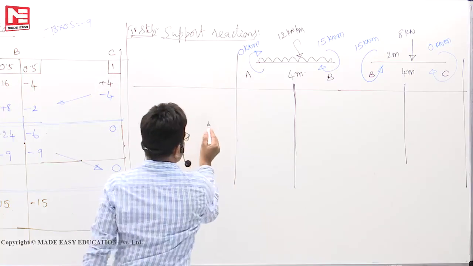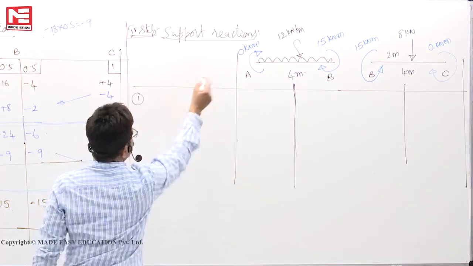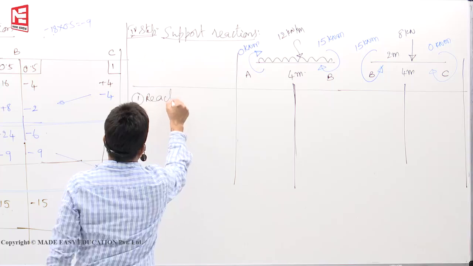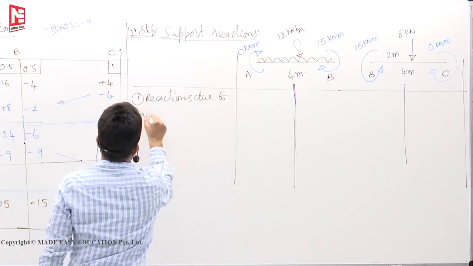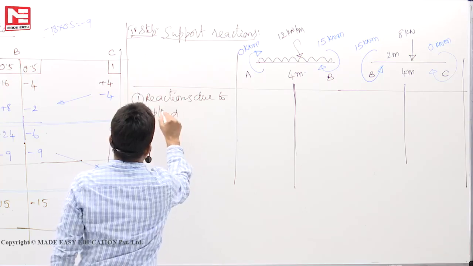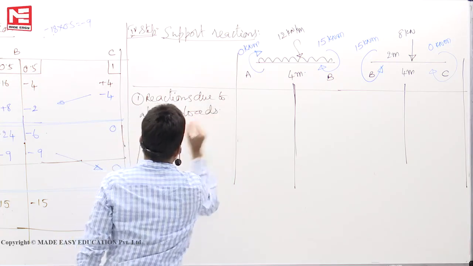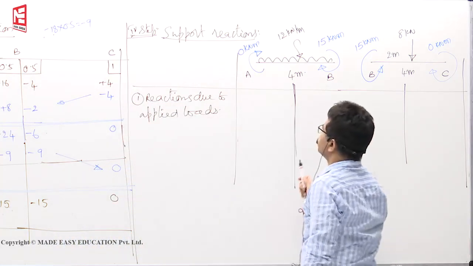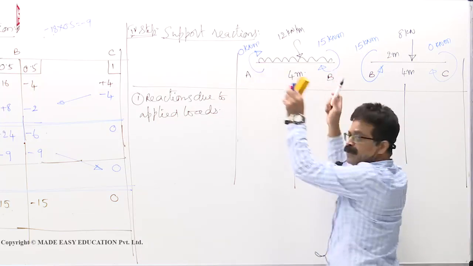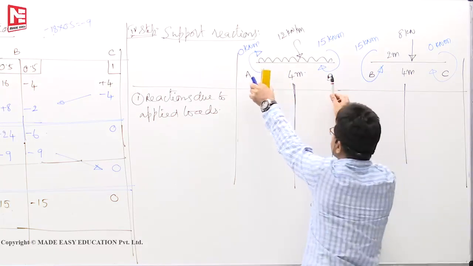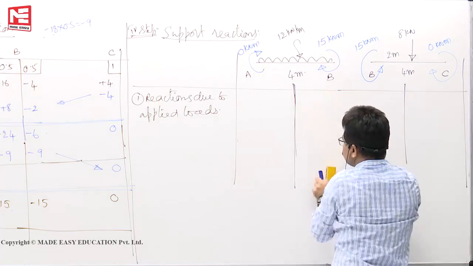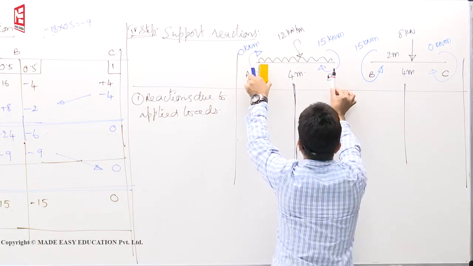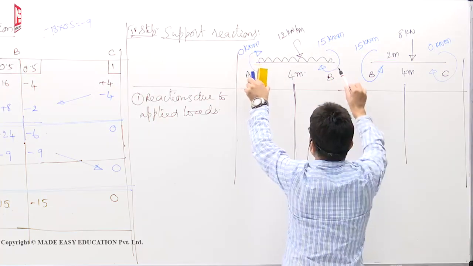Now you see what we have done. First point is reactions due to applied loads. Now this AB beam is like a simply supported beam, with support at A and support at B. On this simply supported beam there is a UDL.